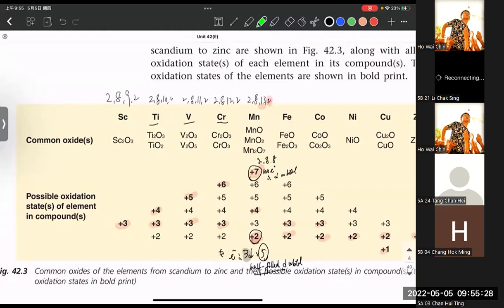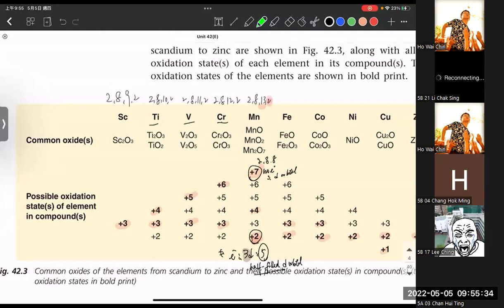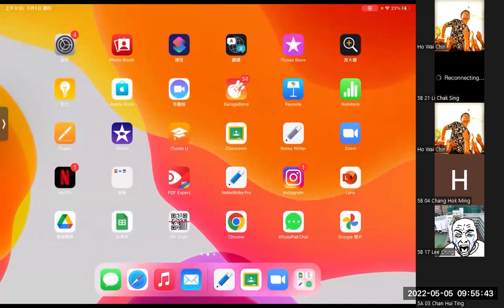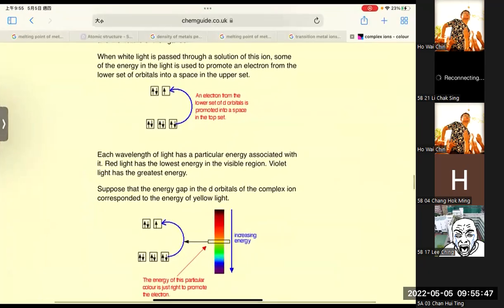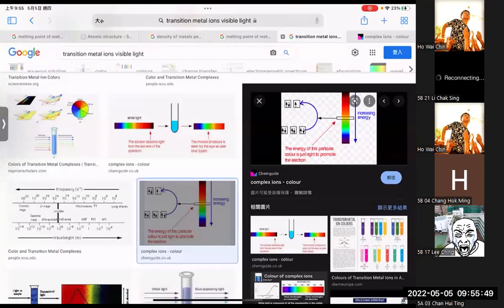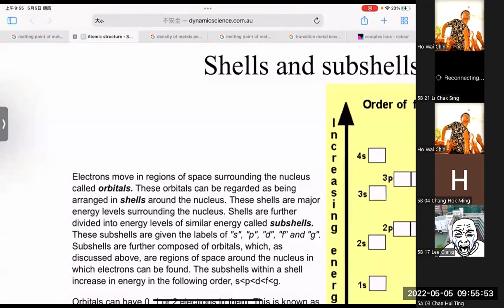Any questions? 我都唔係好明嗰個，即係點樣係咩叫即係 3D 嗰個 D orbital 即係點樣運作？ Now, indeed, first of all, the 3D orbital, you may take a look at this.